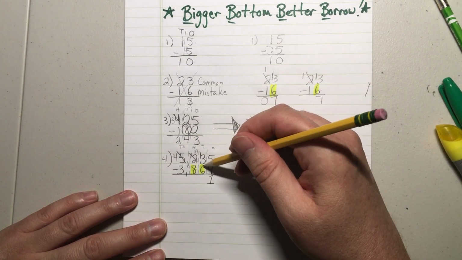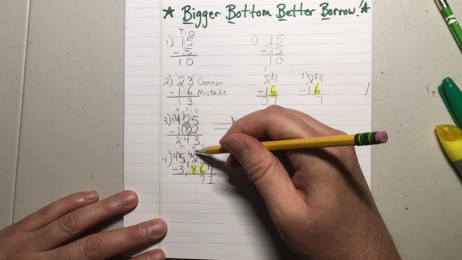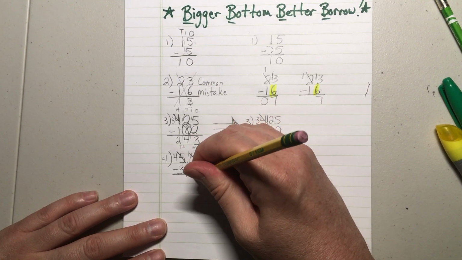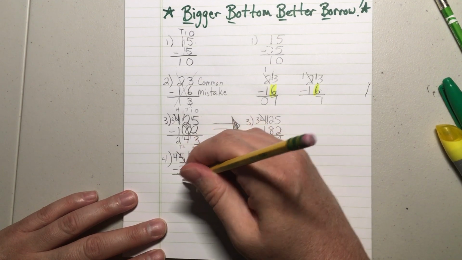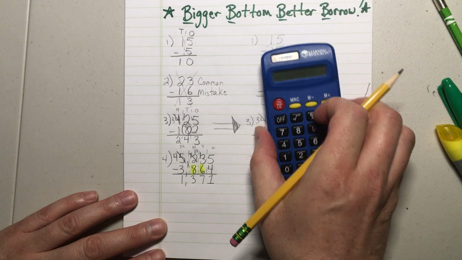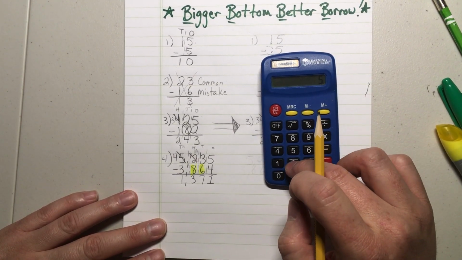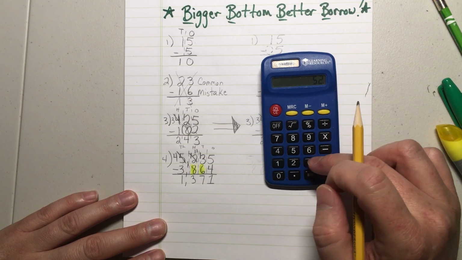Now we have 13 minus 6 is going to be 7. 11 minus 8 is 3. 4 minus 3 is 1. 1,371.